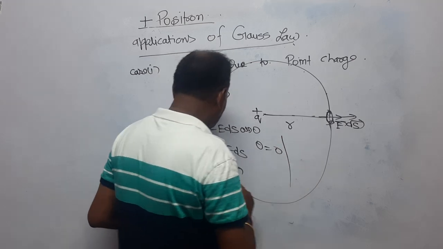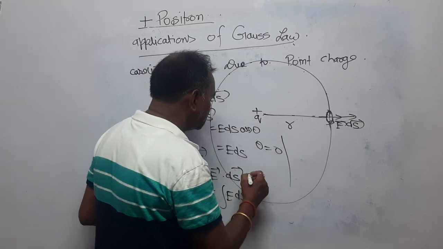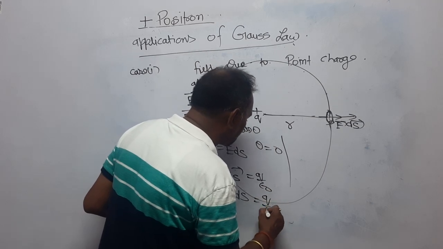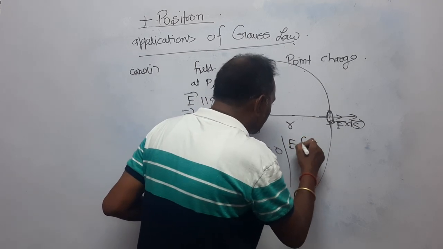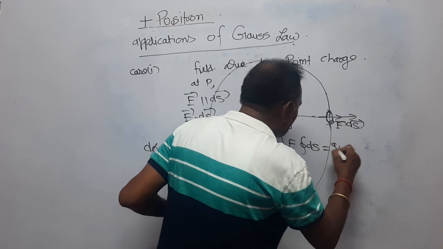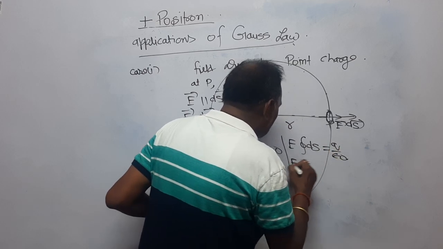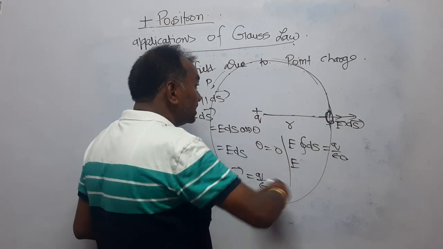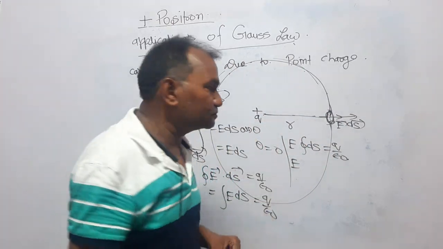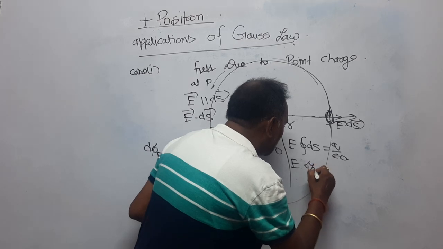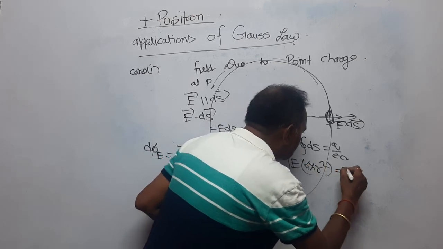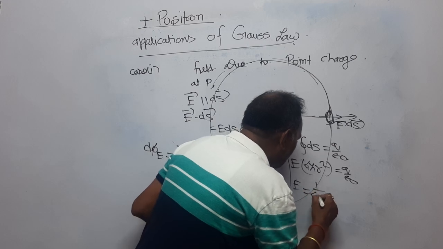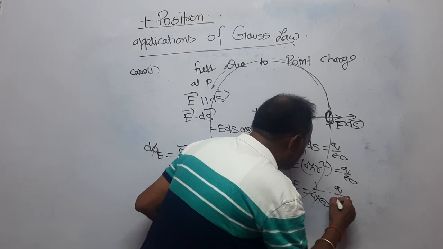Now phi is equal to q upon epsilon naught, so E integral ds is equal to q upon epsilon naught. Integral ds means the total surface area of the sphere, and that turns out to be 4 pi r square. So E is equal to 1 upon 4 pi epsilon naught q upon r square.